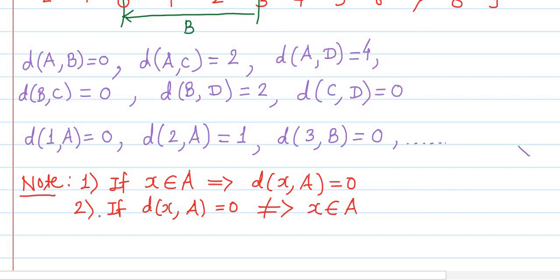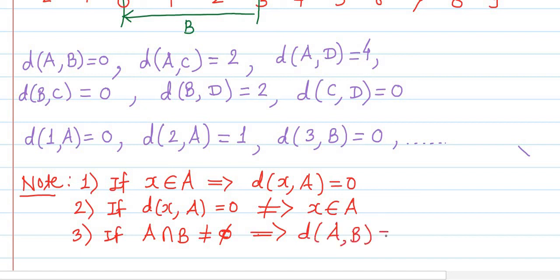Next one, number 3, if A intersection B is non-empty, means if A and B have at least one point in common, then this implies that distance between sets A and B is certainly 0.